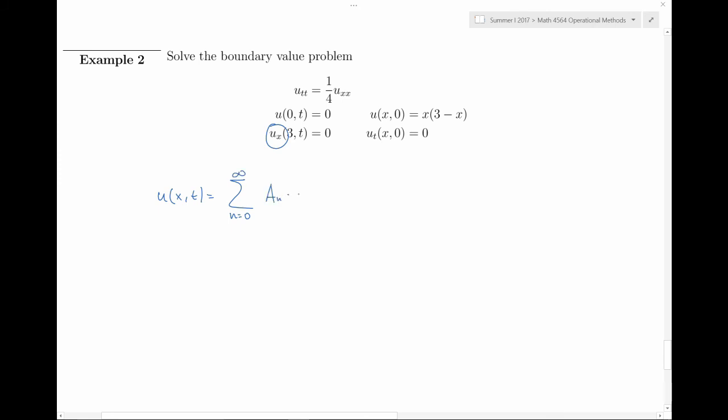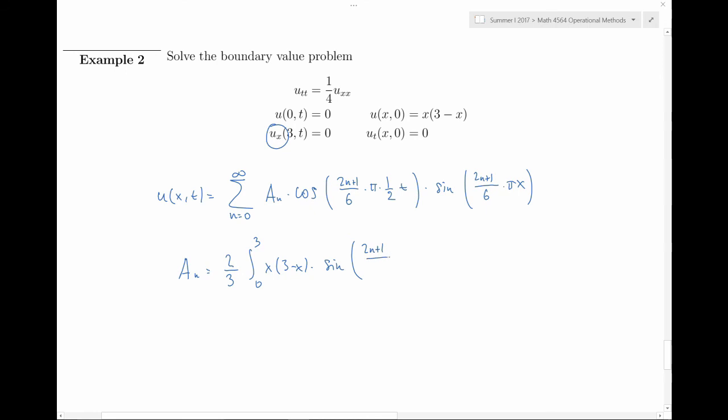Coefficients a_n times cosine of (2n plus 1) over 2l times pi, c is 1/2, times sine of (2n plus 1) over 2l, which is 3, so both of those are going to be divided by 6, times pi x, where a_n is computed as 2 over l, so 2 over 3, the integral from 0 to 3 of the function x times (3 minus x) times sine of (2n plus 1) over 6 times pi x dx.